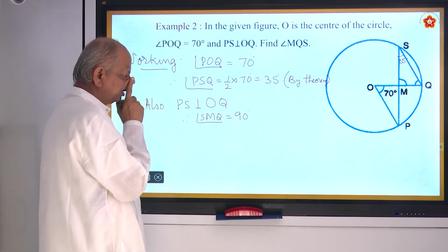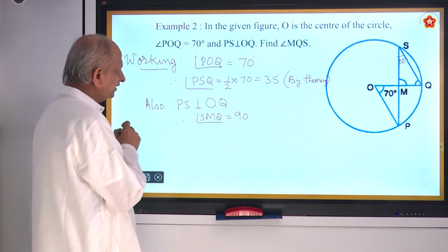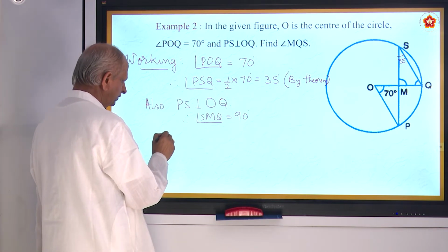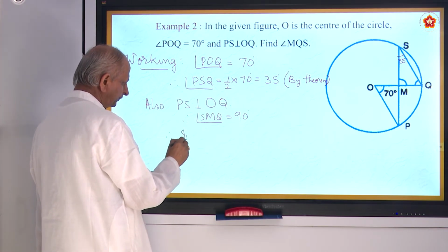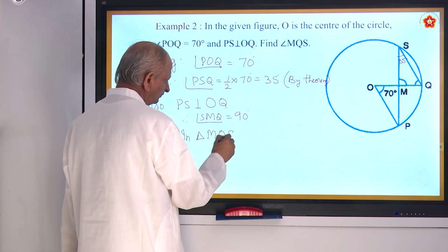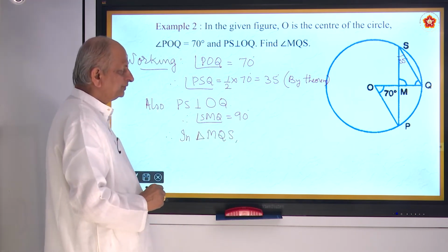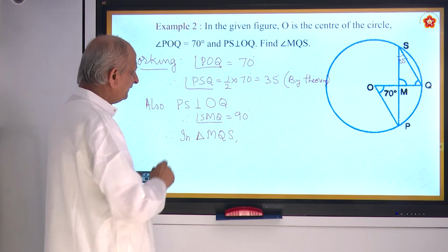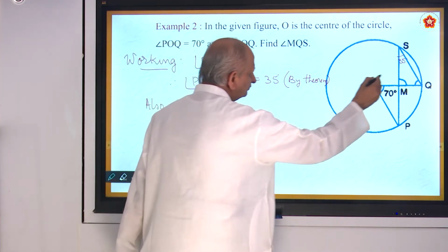That is understood. Now, in the triangle, they are asking MQS. Last point. In triangle MQS.